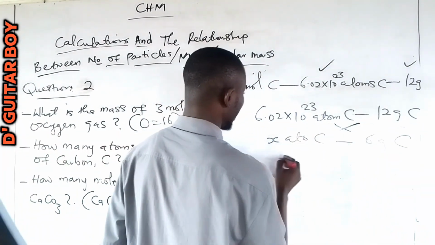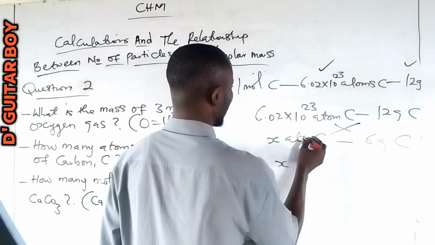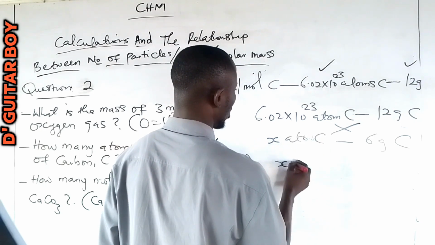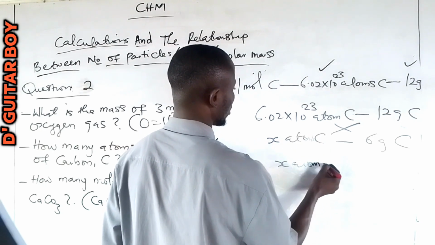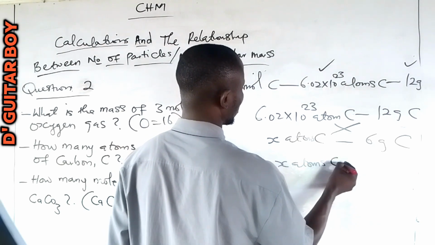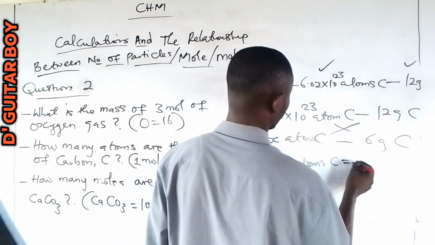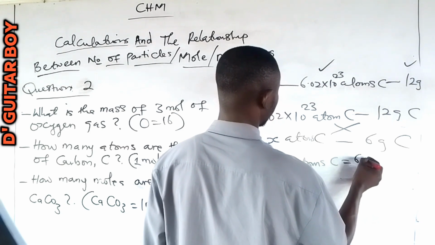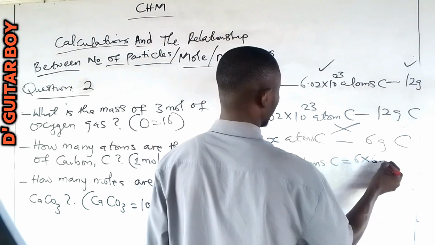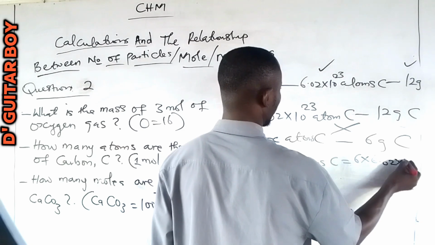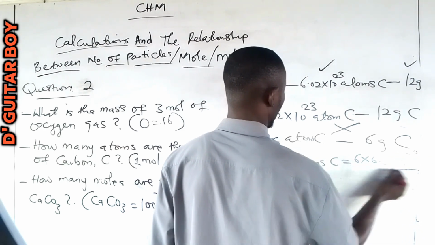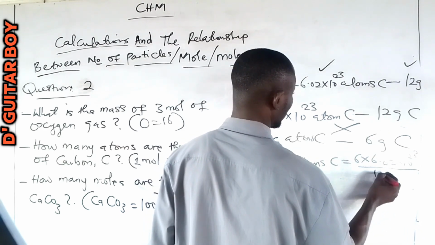Then when you cross, you now say S atoms of carbon will now be equal to 6 times 6.02 times 10 raised to the power 23 all over 12.